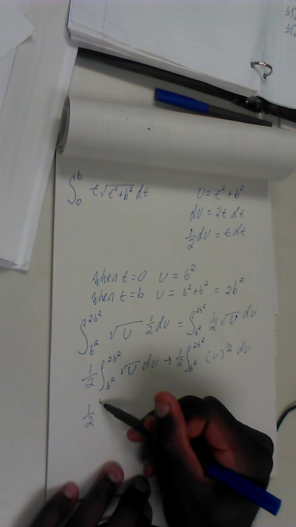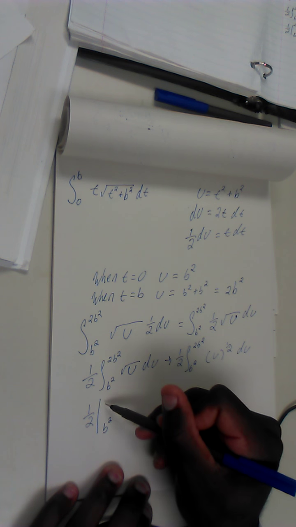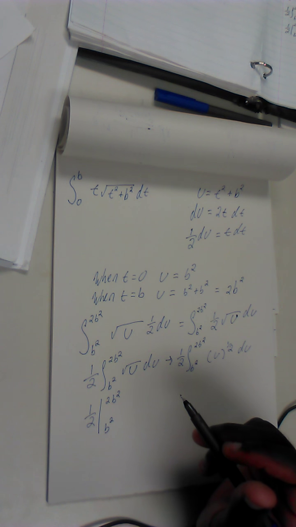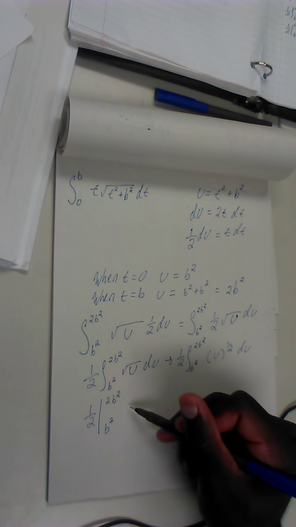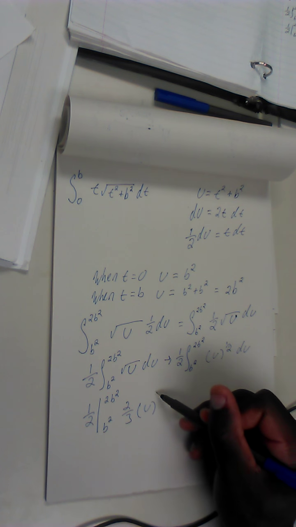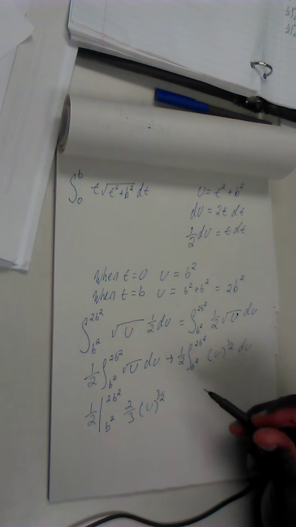So 1/2, from b squared to 2b squared, and 1/2 plus 1 is 3/2. So when you integrate, you're looking at 2/3 u to the 3/2, right? Now we're ready to plug in our limits.